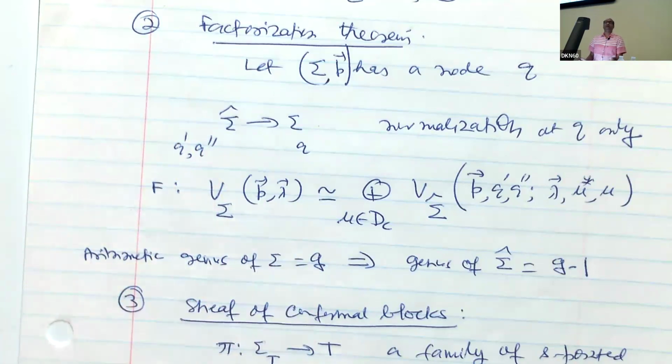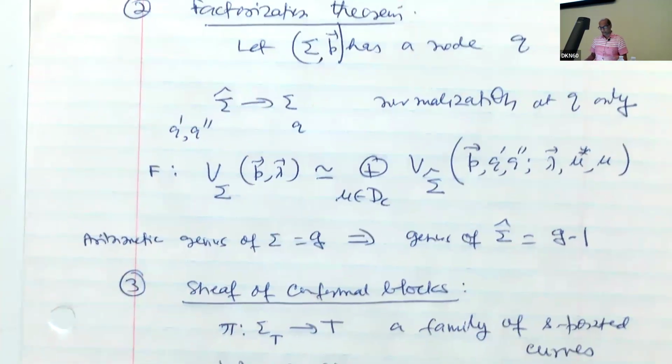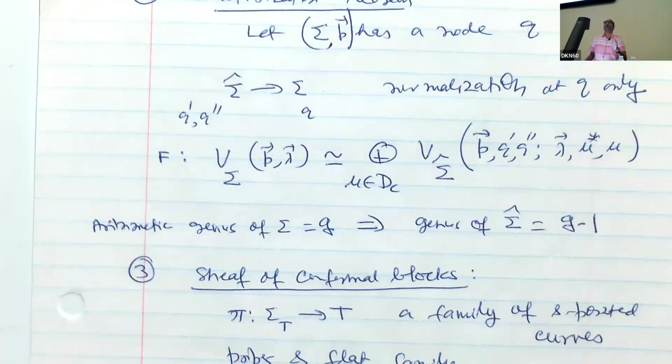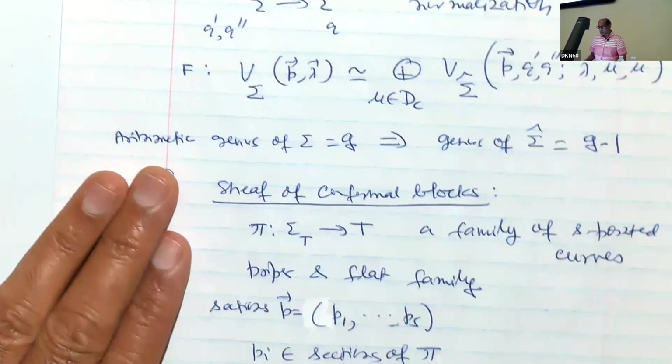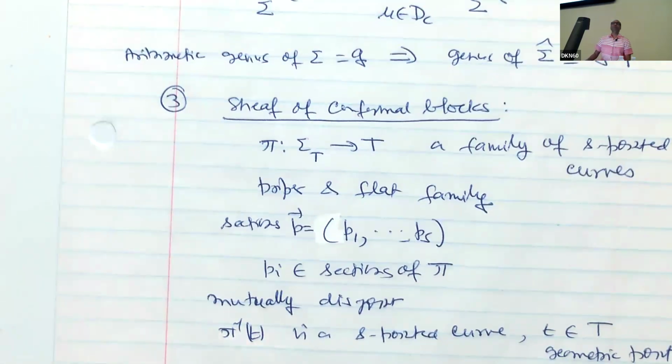And this theorem tells us that we can do that on a genus G minus 1 curve, but we are paying some price: we are attaching 2 more points, and we have to sum over all possible dominant weights for the highest weight of integrable modules for the affine algebra. But in any case, we have reduced the problem from genus G to genus G minus 1. Now, next comes, we have to generalize this notion of conformal block. And you will see in a minute why it's so important.